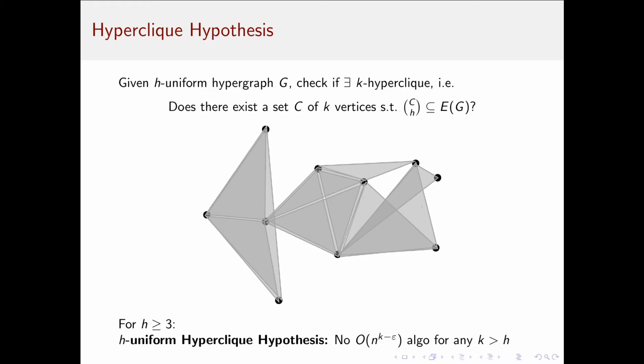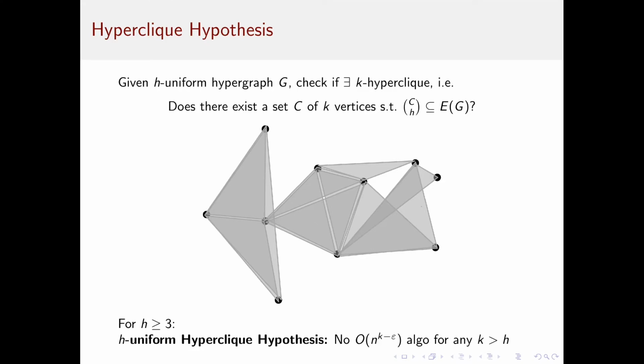And this obviously only works for h being at least 3, because for h equals 2, you have the standard clique problem, which can be solved in time O(n^(ωk/3)), right?